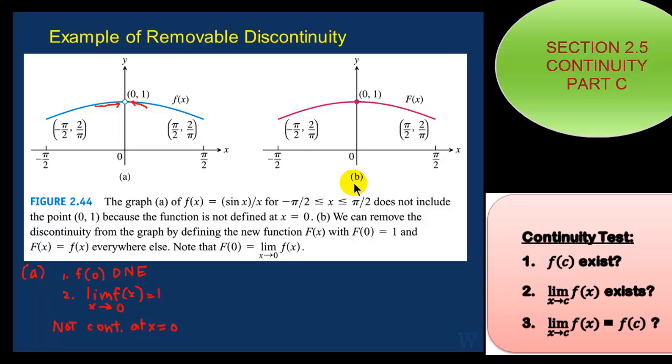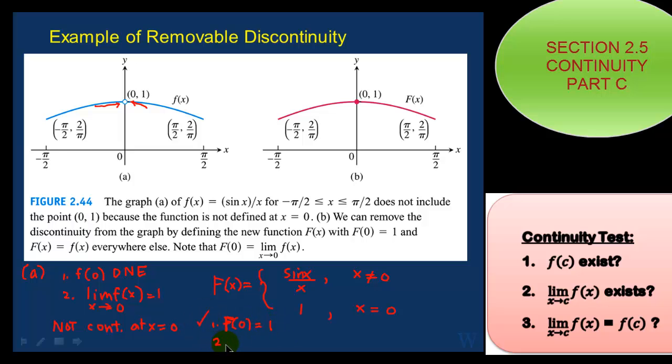Okay, let us compare it with B. Here, B is a redefined function of f. Let me redefine f of x to be sine of x over x as long as x is not equal to 0, and it's equal to 1 for x equal to 0. Okay, well, let's look at our checklist. First, what is f of 0? It's 1.